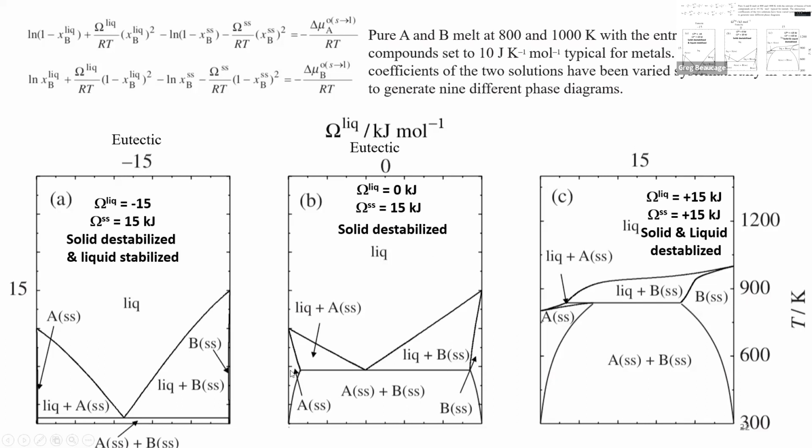So destabilizing the solid means you get A solid and B solid separate. And if you destabilize everything, then you get this mess. These are just using 15. If you change the values, you can get even more complicated things. So you can see there's a lot of room for getting weird phase behavior with the absolute simplest model for this thing.